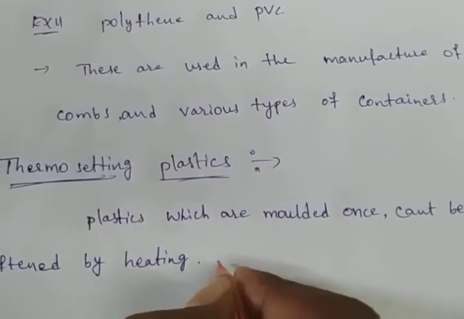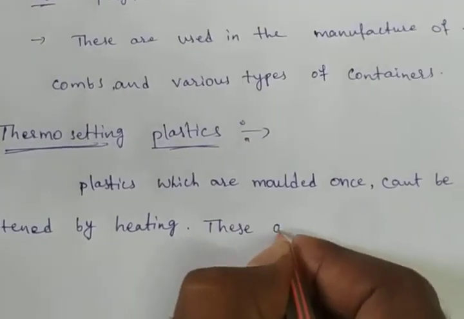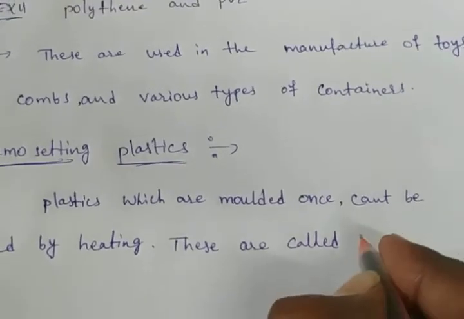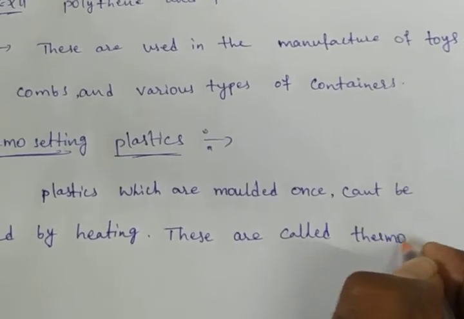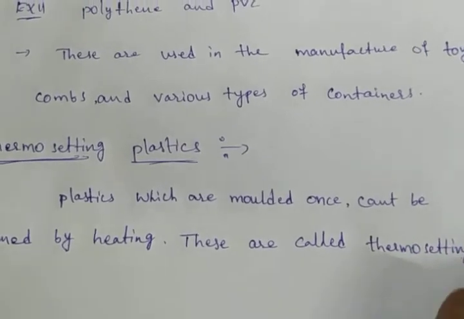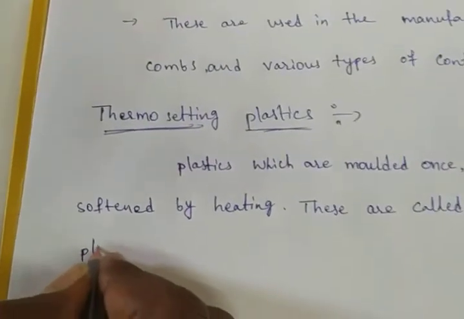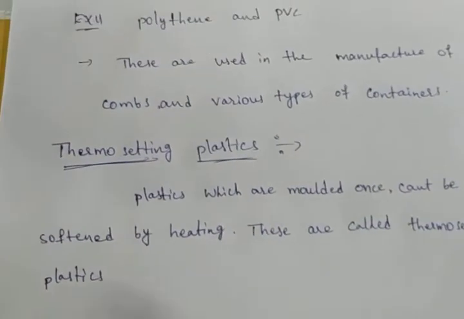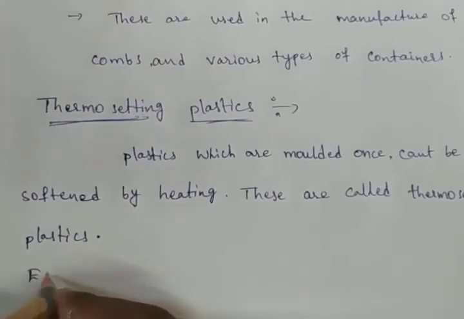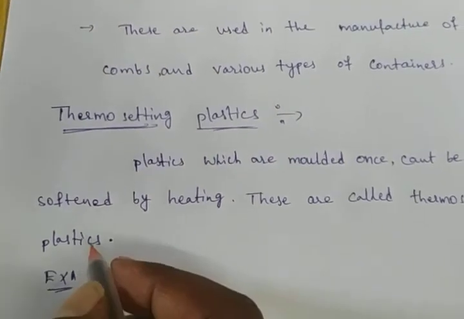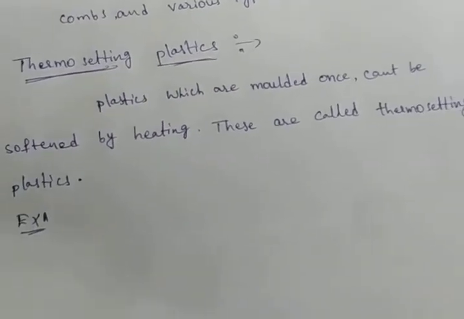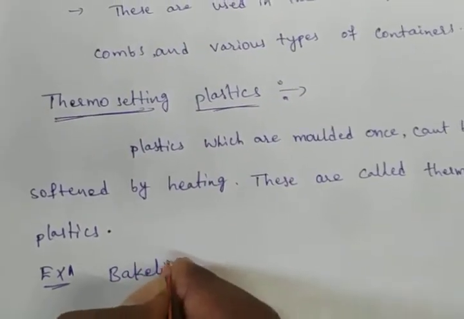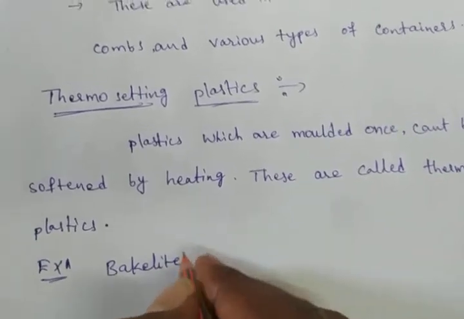These are called thermosetting plastics. So what are the examples? Examples of thermosetting plastics are bakelite and melamine.